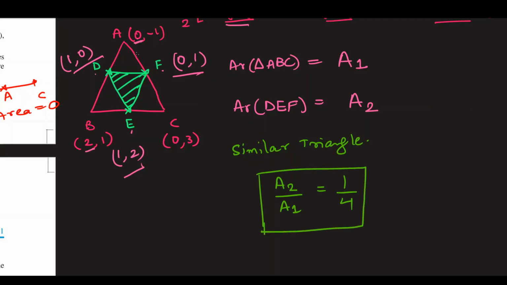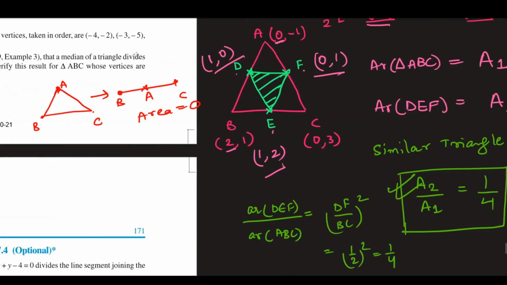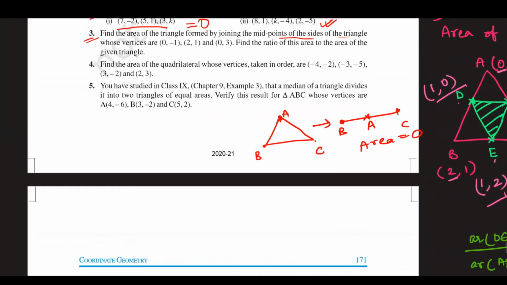Remember, in the similar triangles theory, the ratio of the area of DEF upon the area of ABC will be the ratio of sides squared, suppose DF upon BC whole squared. So DF upon BC is half, and the square will be 1 by 4. That's how we are getting this 1 by 4, and you will be getting the answer here also.